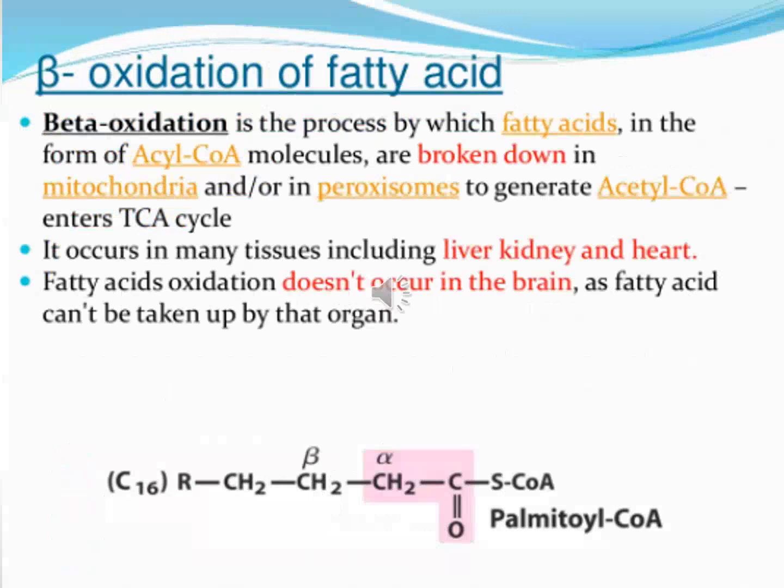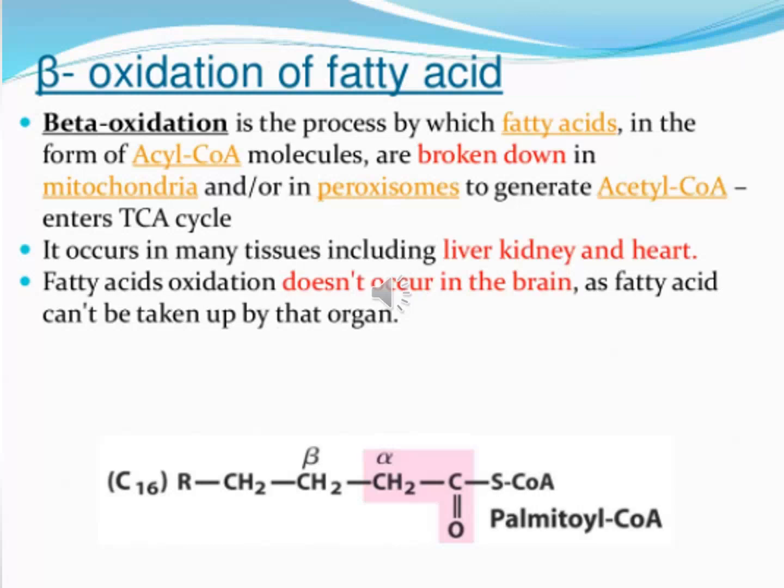Beta oxidation is the process by which fatty acids in the form of acyl-CoA molecules are broken down in mitochondria or in peroxisomes to generate acetyl-CoA, which enters the TCA cycle. I am repeating it: in beta oxidation, fatty acids in the form of acyl-CoA molecules are finally broken down to acetyl-CoA.